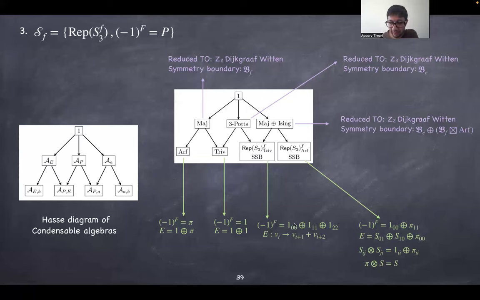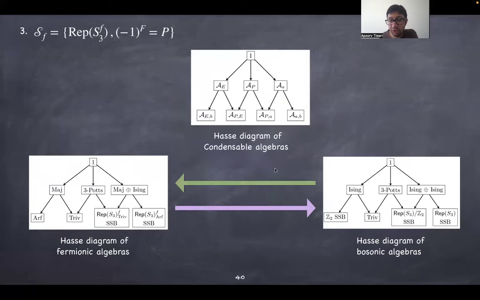So this is the symmetry structure we get, and with that, this can also be obtained by just bosonizing. So you can get the bosonic Hasse diagram by bosonizing this, or conversely, you can fermionize the bosonic Hasse diagram that has this structure.